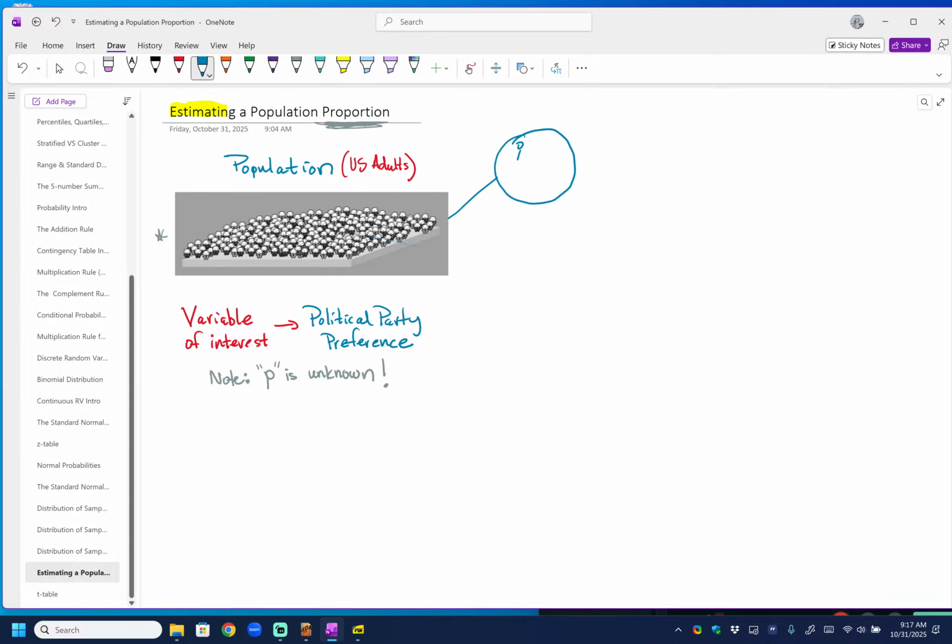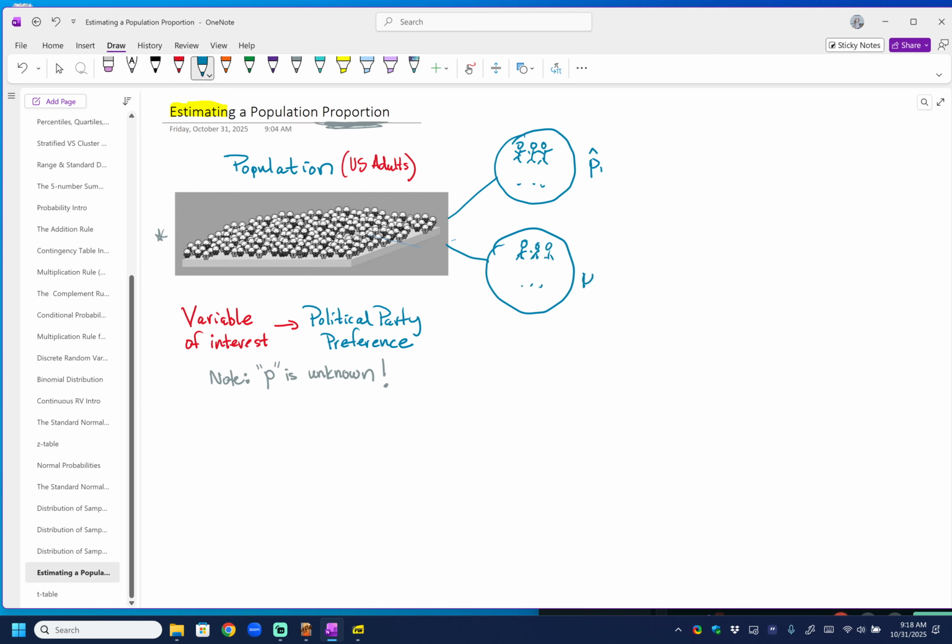Let's not really worry too much about how many are in the sample. Let's just say it's a big sample, right? They take a sample, and they compute the sample proportion of US adults that are Republicans. Then they take another sample, let's just say a large sample, okay?